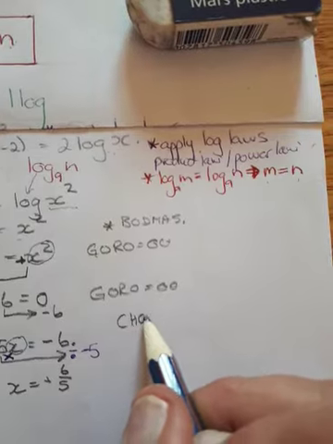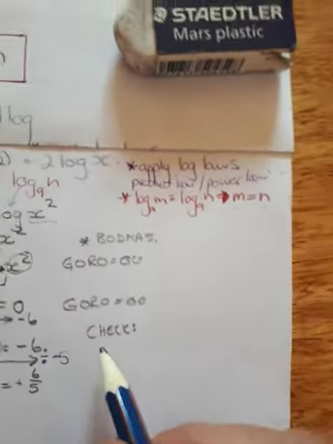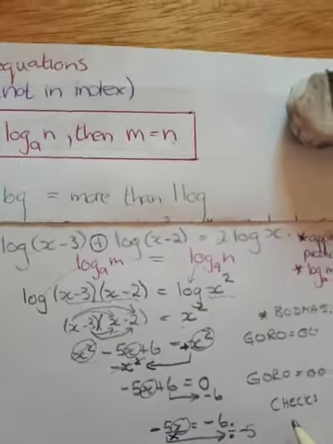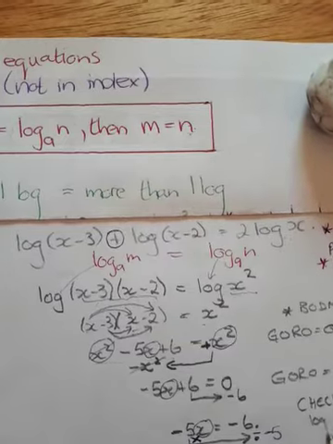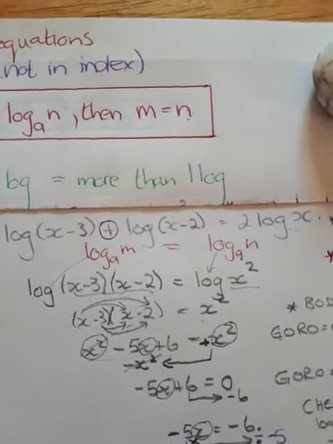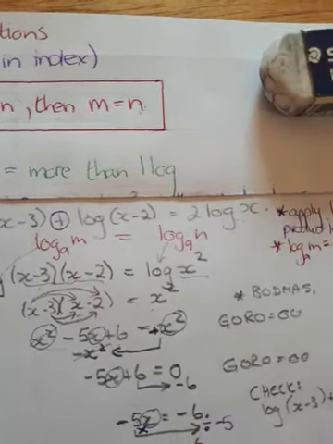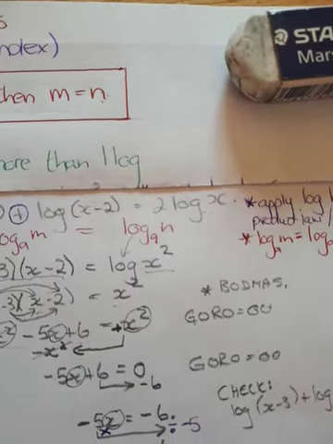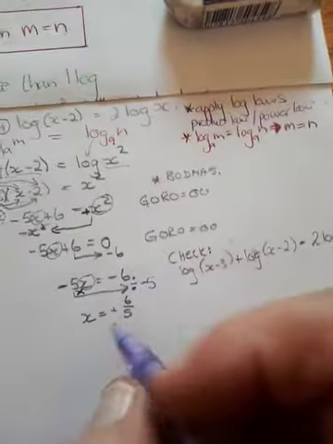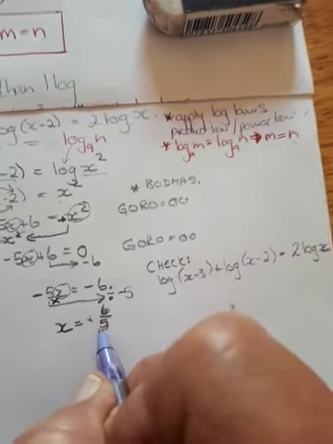Now important is to do our check. Remember, the check is a must. So I will rewrite my original equation, which is log of x minus 3 plus the log of x minus 2 equals 2 log x. We have found that x equals 6/5.